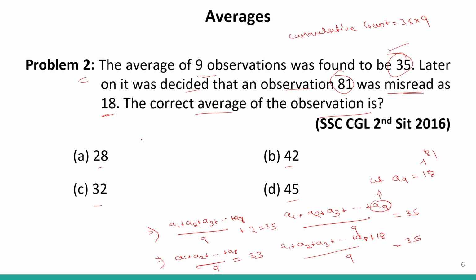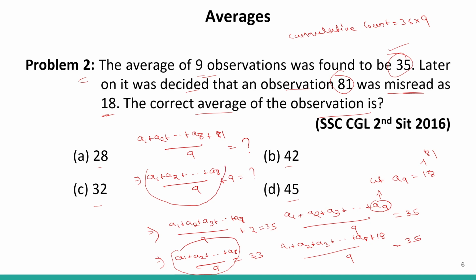We want to calculate A1 plus A2 plus dot dot dot plus A8 plus 81, the whole by 9. We want to calculate this. So the correct average of the observation will be A1 plus A2 plus dot dot dot plus A8 by 9 plus 9, right? But just observe here that we have actually found out this term.